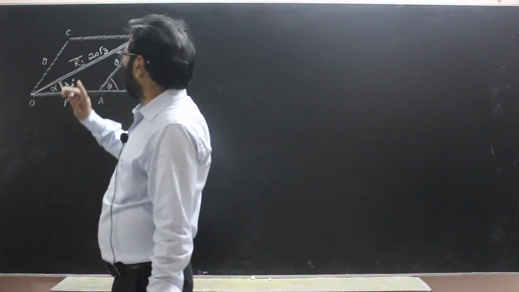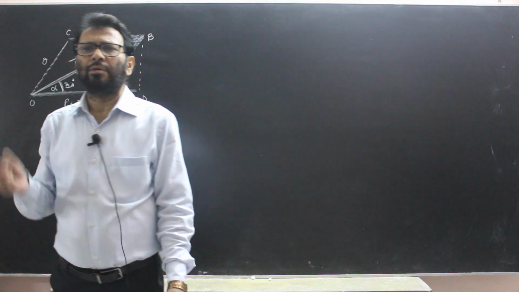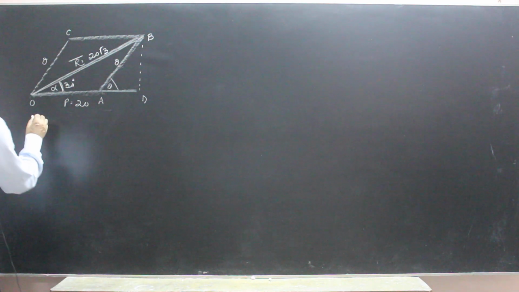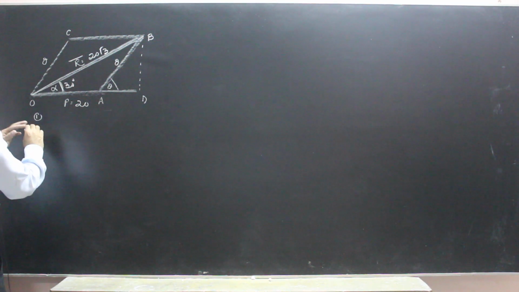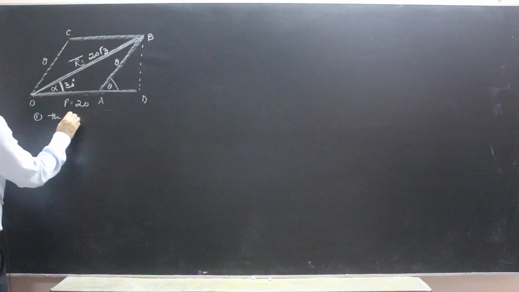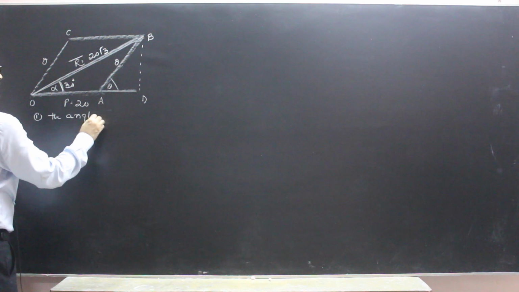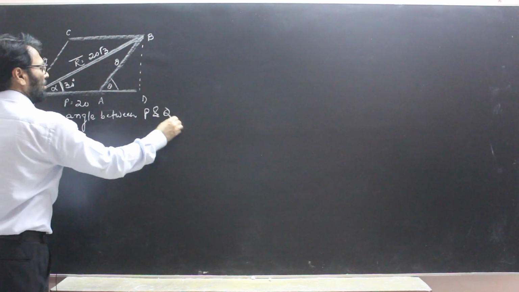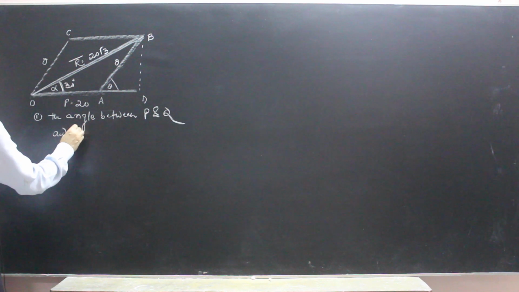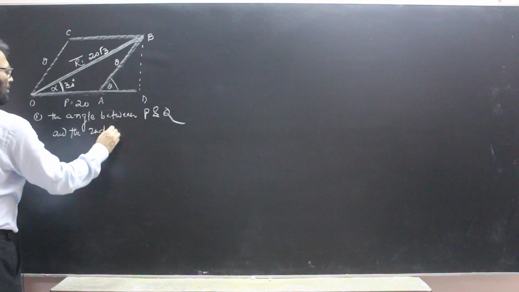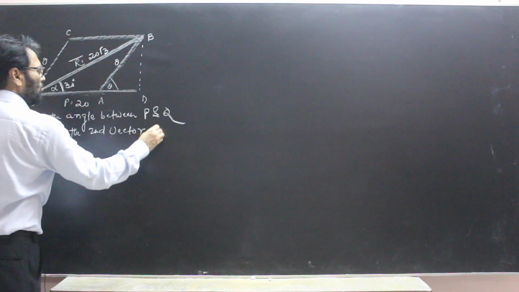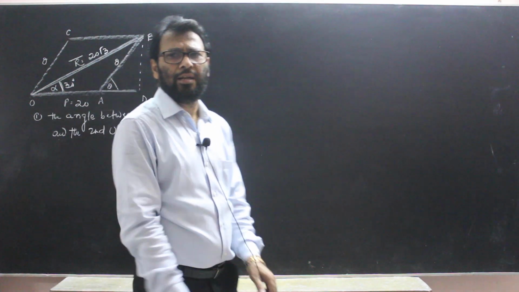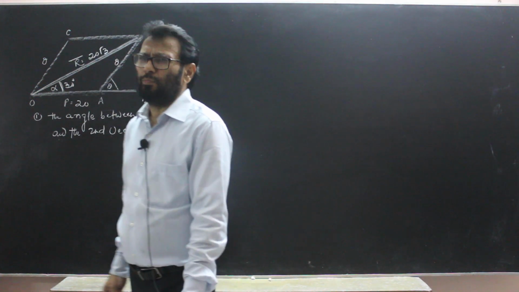We are going to calculate the value of q and also the angle between P and Q, given that one of the vectors is P, the resultant is 20 root 3 and the resultant makes an angle of 30 degree with P.